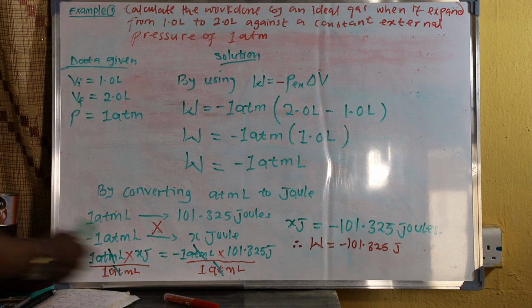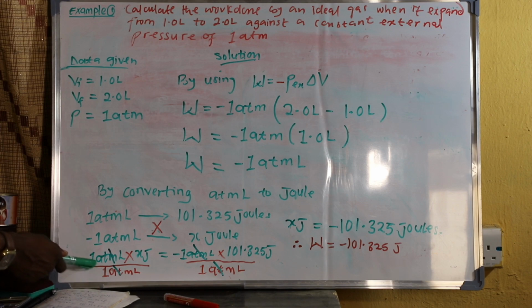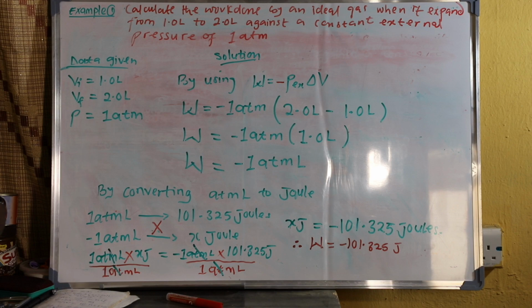In order to remove the liters, we divide by 1 atm liter. This atm liter cancels this atm liter. We remain with x joule is equal to minus 1 times 101.325 joule.